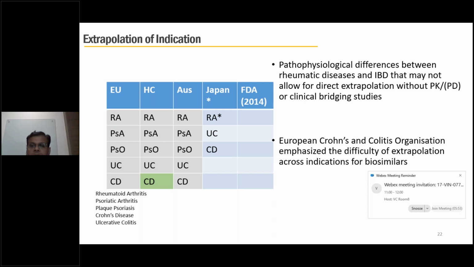So if, based on the data, we've got an approval for rheumatoid arthritis, and you have not done any study in, say, Crohn's disease or another indication, the gastroenterologist who could be your potential prescriber would not be comfortable prescribing this drug in Crohn's disease, because they say there is no data for this particular drug in Crohn's disease.